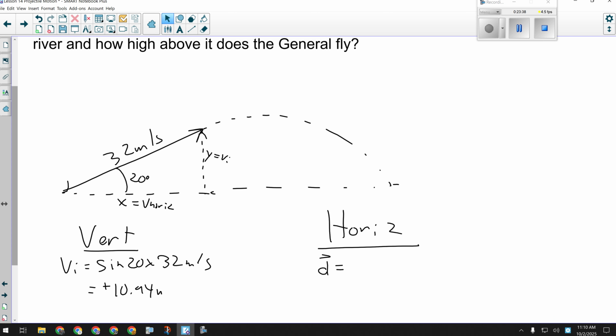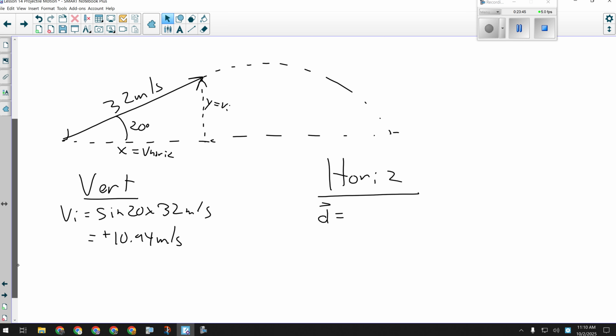I'm going to keep all the decimals in my calculator at this point. Since I know that it lands at the same height it's launched from, which you assume unless you're told otherwise, I know that VF is negative 10.94 meters per second, and I know the acceleration is negative 9.81 meters per second squared.